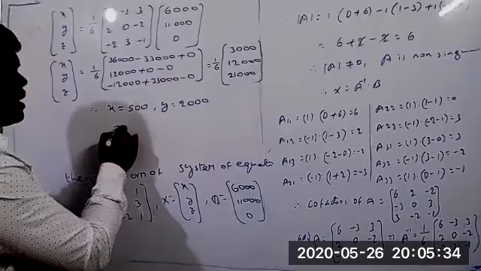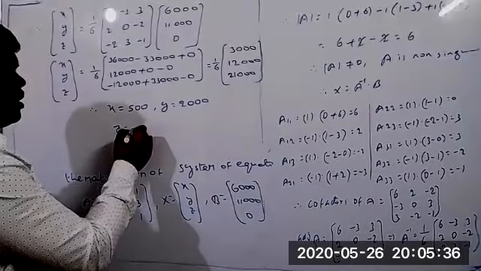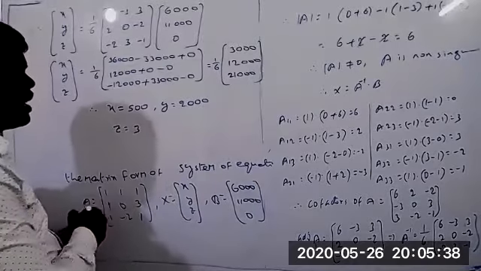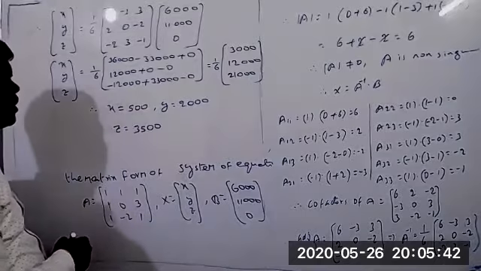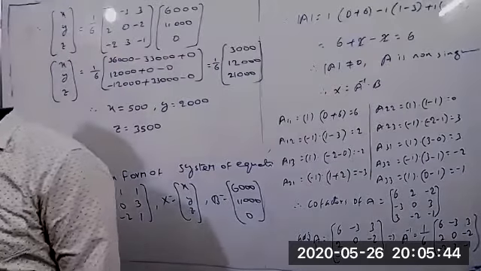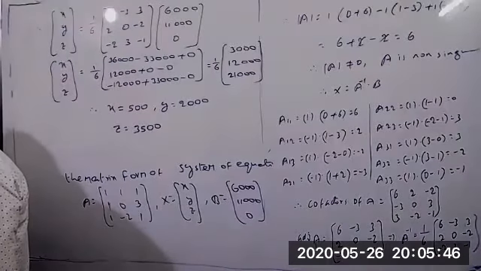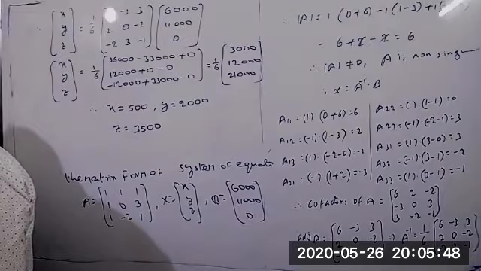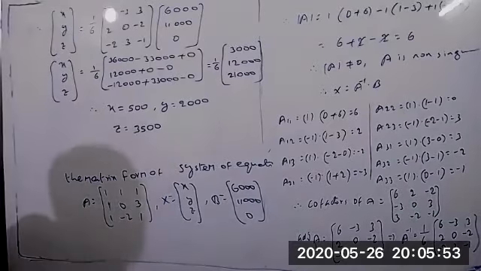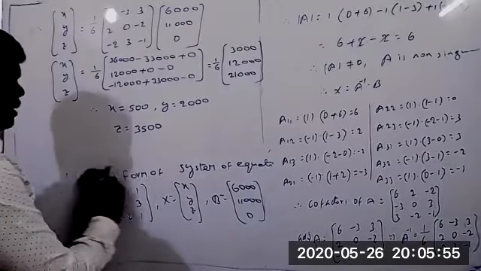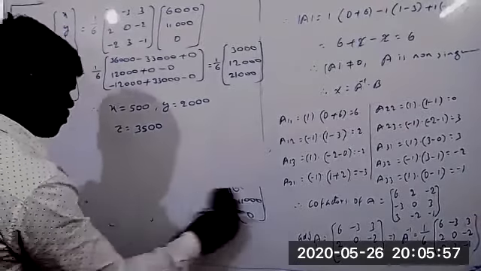Next, the value of z equal to 3, 6 are 18, so 3500. That means the values of the three numbers equal to 500 rupees, 2000 and 3500. Now you can write clearly. The conclusion also you can write now.